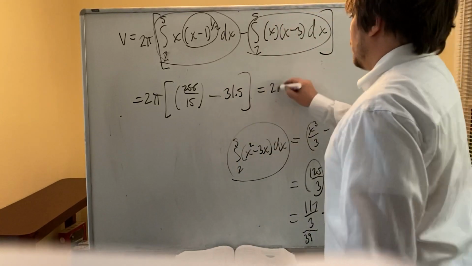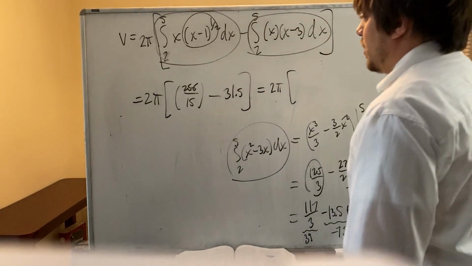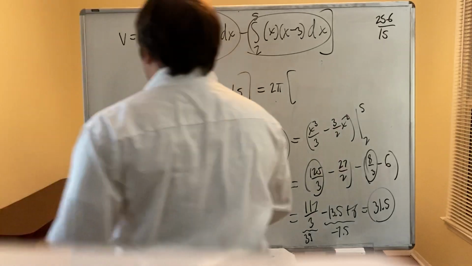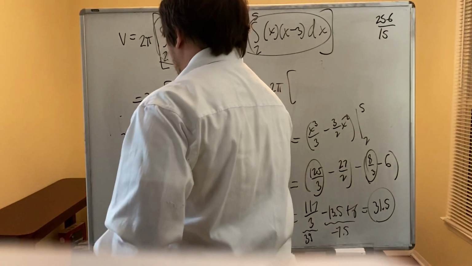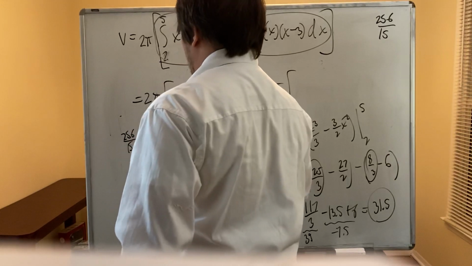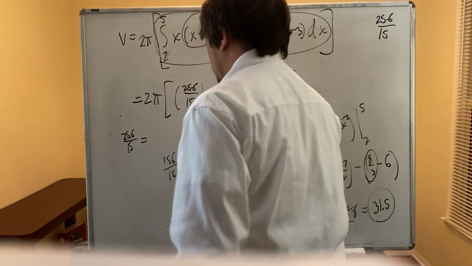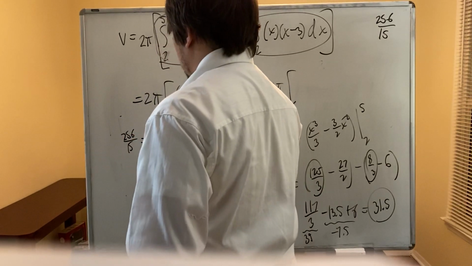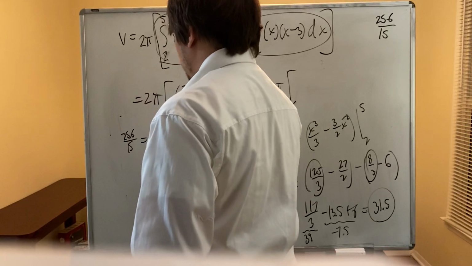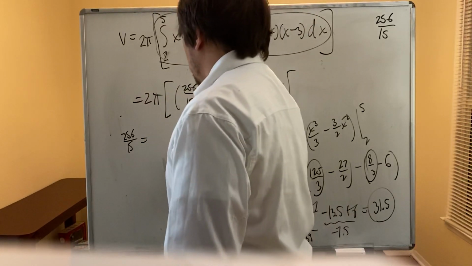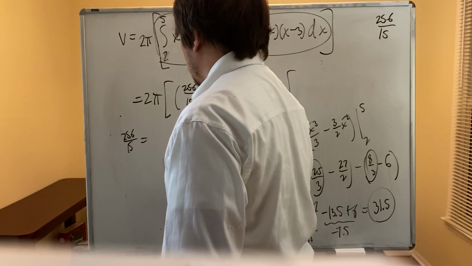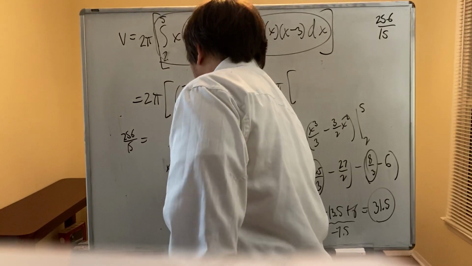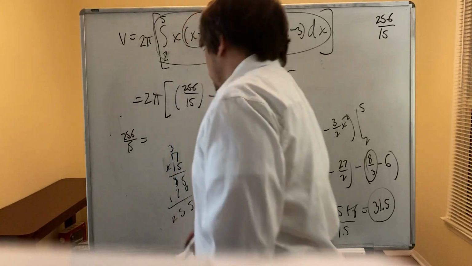And so that's equal to 2 pi times 256 over 15. Simplifying that, 17 times 15 is 255.